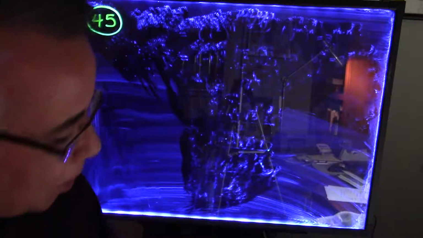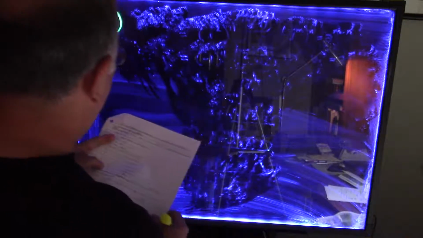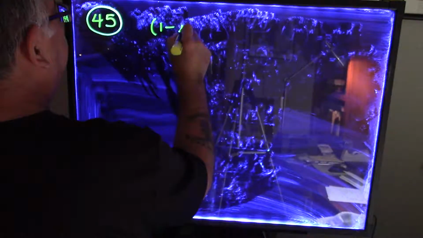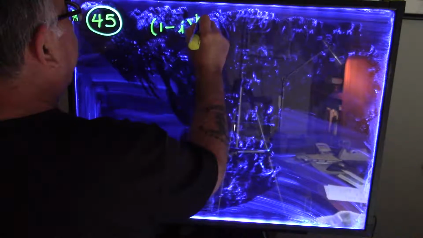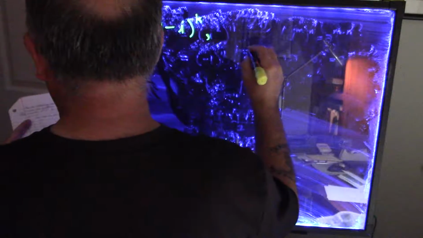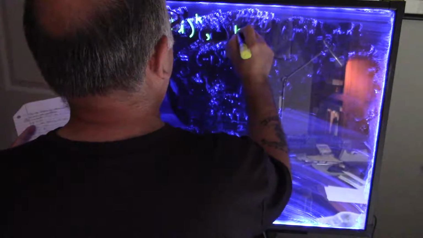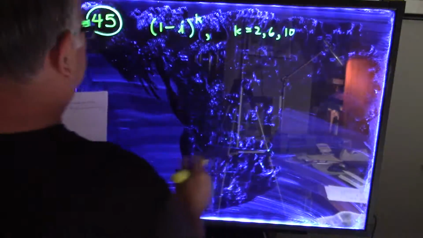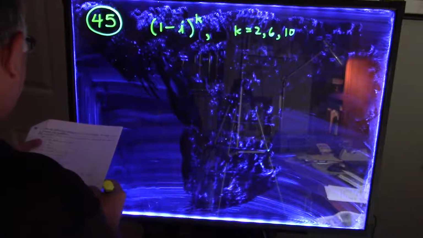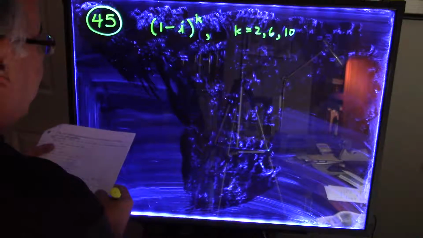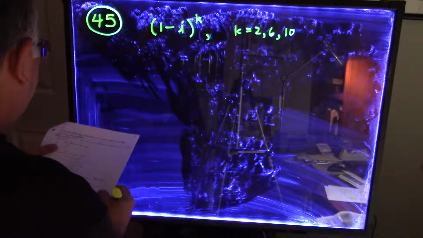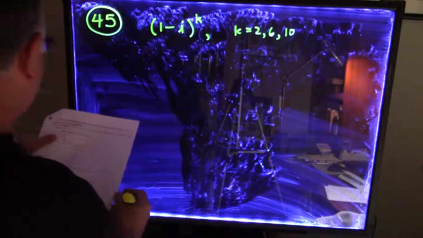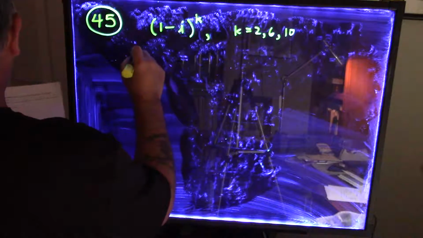We want to evaluate (1 minus i) to the k power, where k equals 2, 6, and 10. Then it says predict the value for k equals 14. I punched it into my calculator and I came up with these. You can do the same with your calculator.